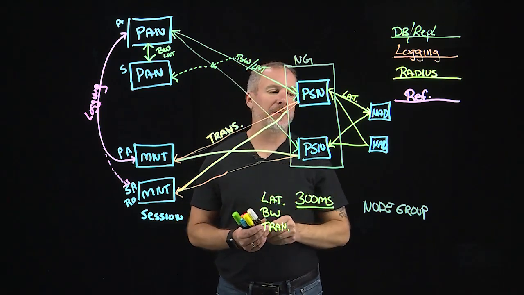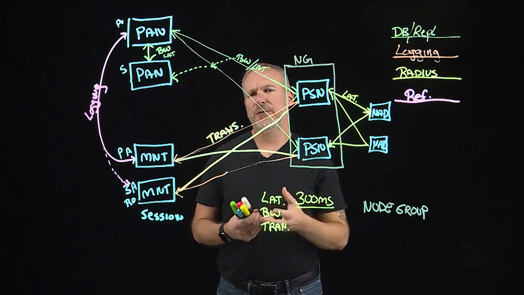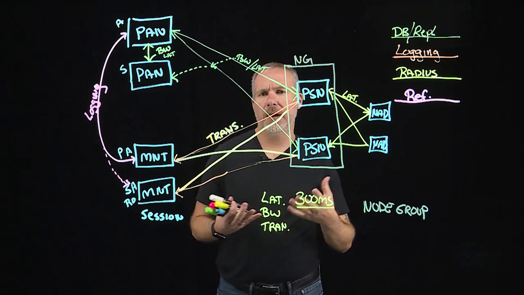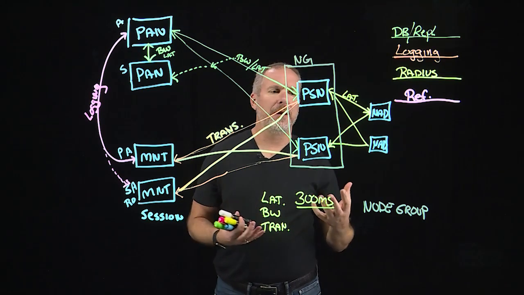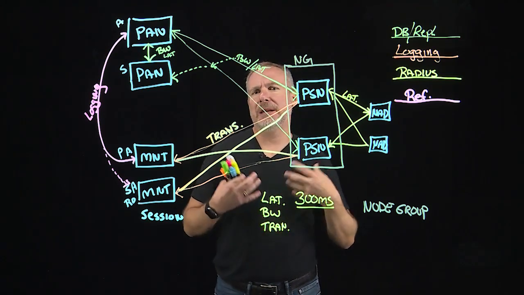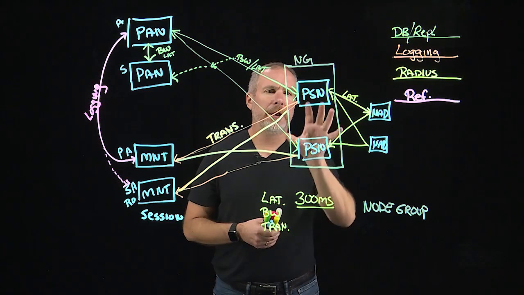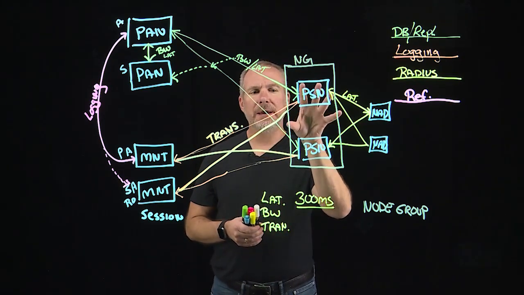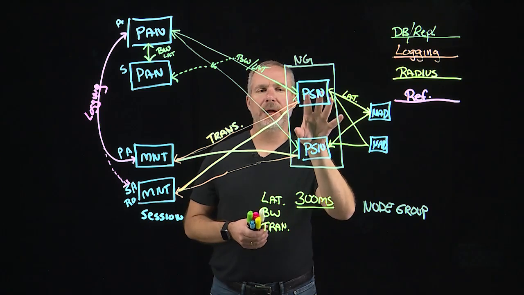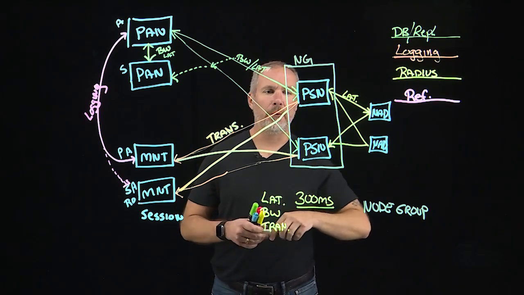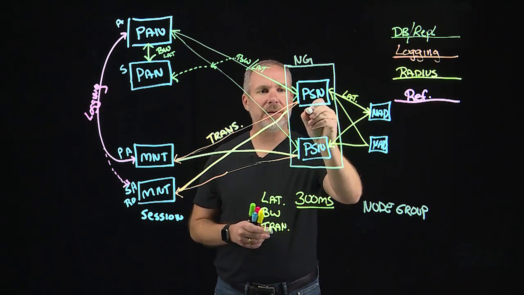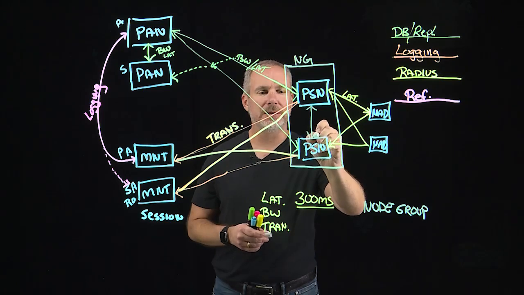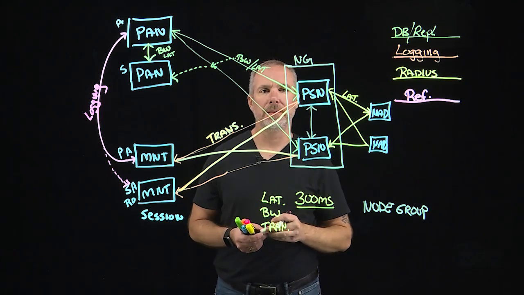Now what that allows me to do is, there are different types of attributes which are beyond the scope of this video, but there are significant attributes and less significant attributes. What a node group allows me to do is to have locally connected PSNs that are on the same network segment replicate specific attributes back and forth between the two and share that information.